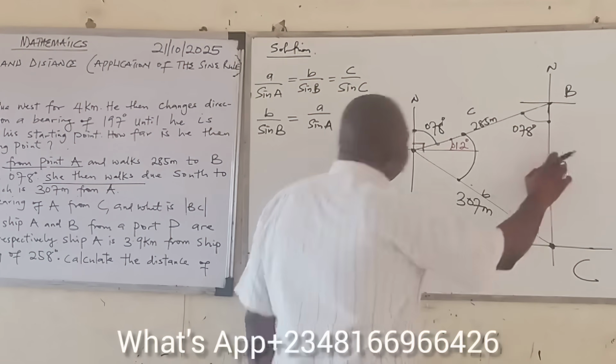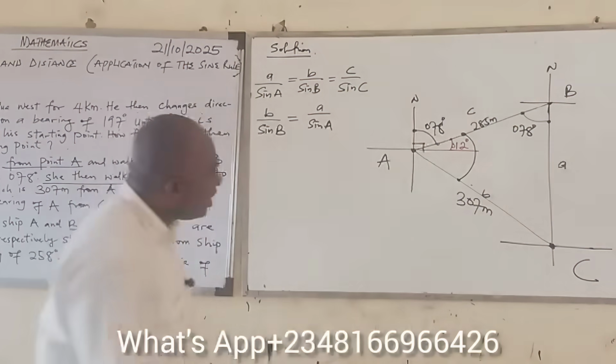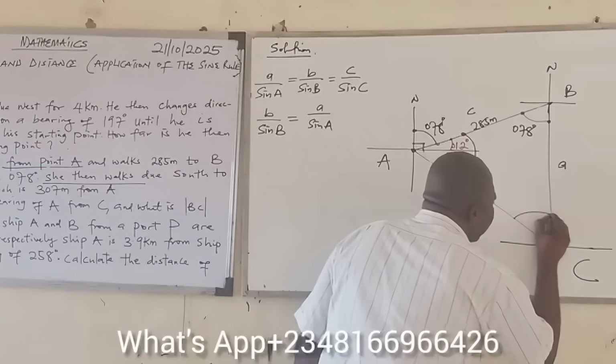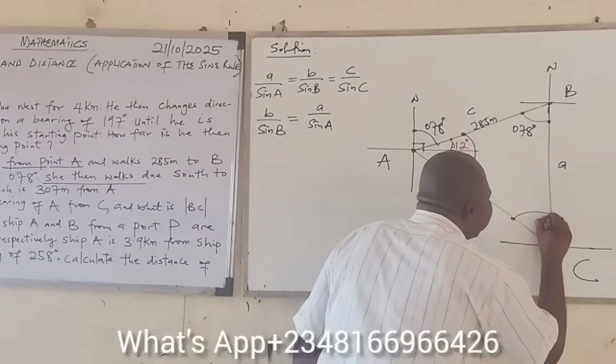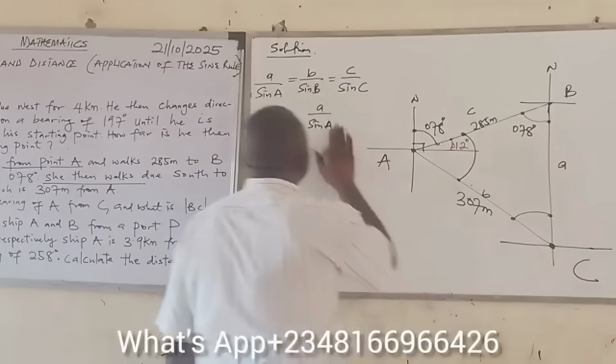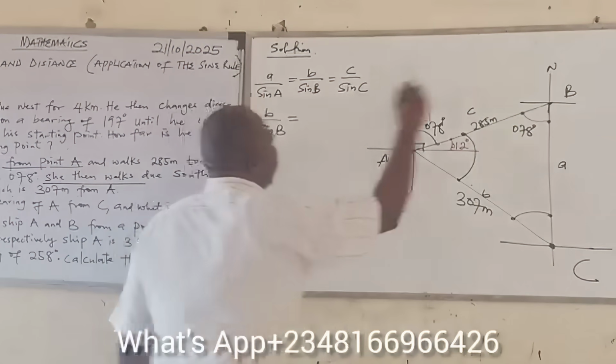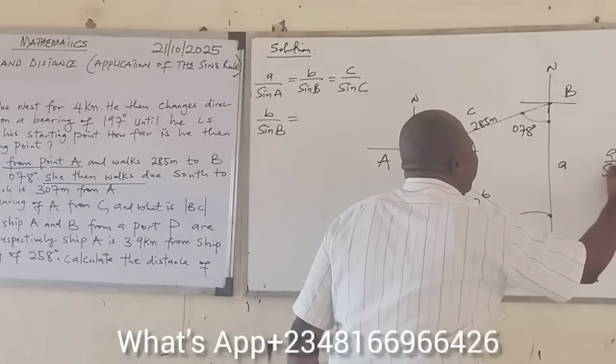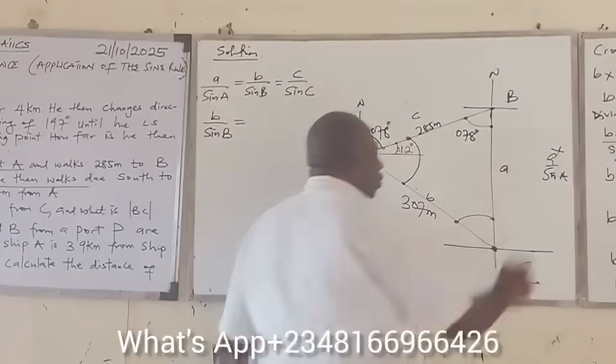But before then, let's see the value of this angle. So let's look at small c over sine big C, because if you look at the first one, a over sine A, our small a is unknown.